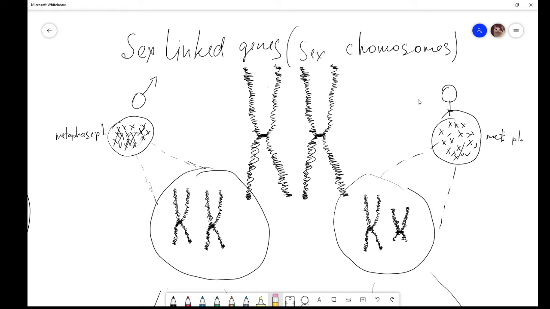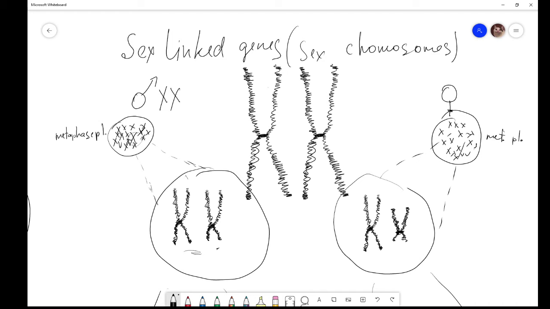In mammals, for example, females have two X chromosomes, and you can see two X chromosomes.